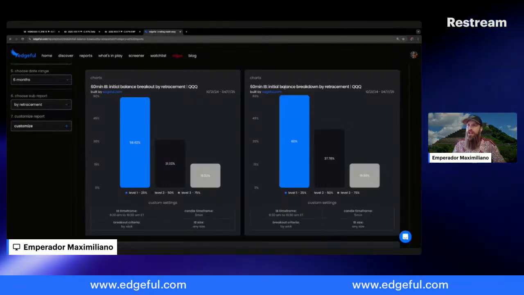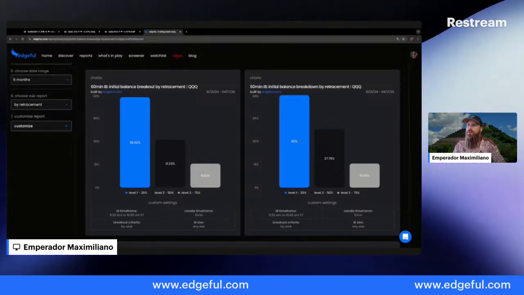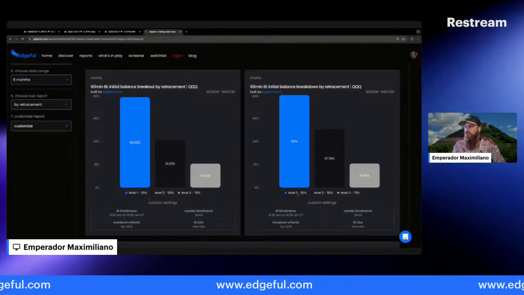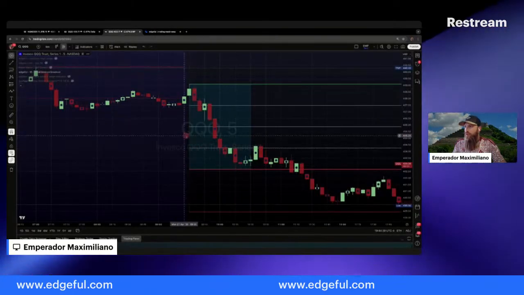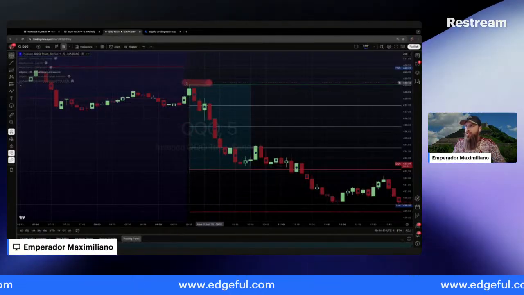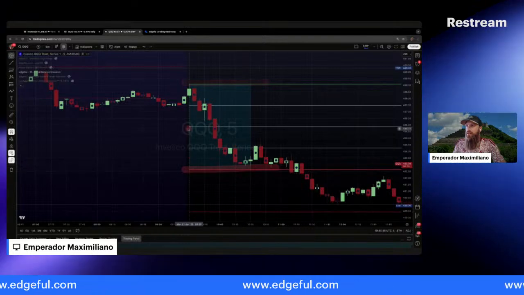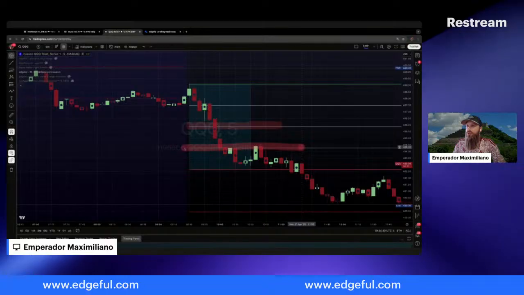So for example, today we had a breakdown by retracement. So I'm looking for those type of levels. That's just percentage based, right? So for example, here on QQQ, our IB was set. Here's the high, here's the low, that green line and the red line. This is the midpoint of that. This would be 50%, and this would be 25.